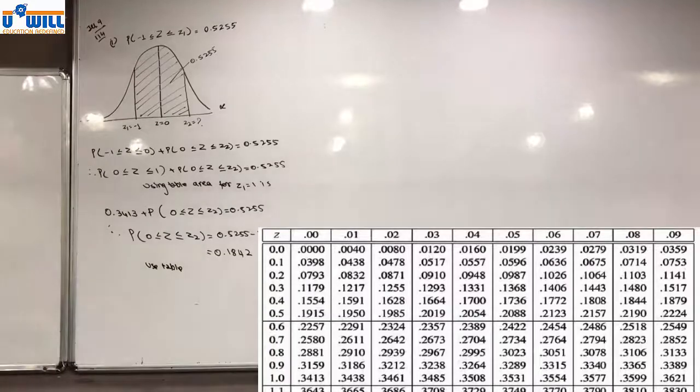Now we have to use the table. Are we able to find out 0.1842? Exactly available है 0.1808 and 0.1844. So it is 0.47.